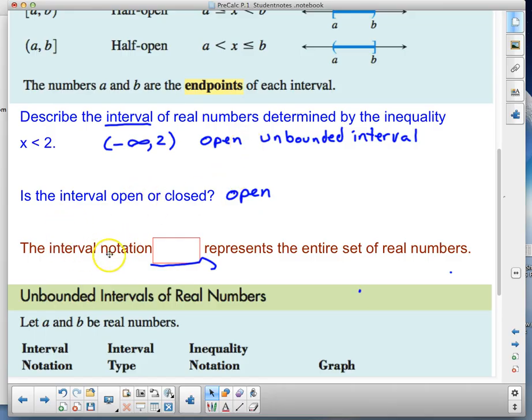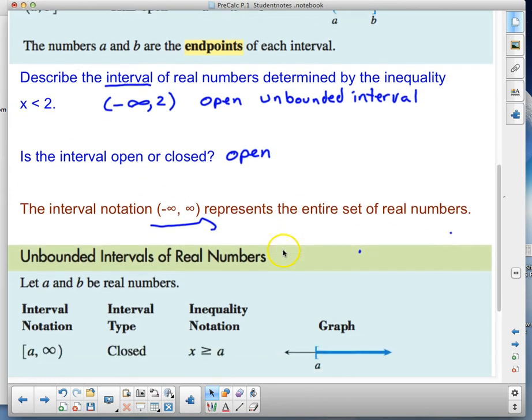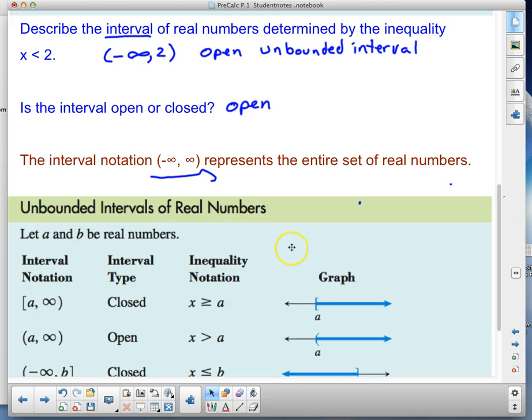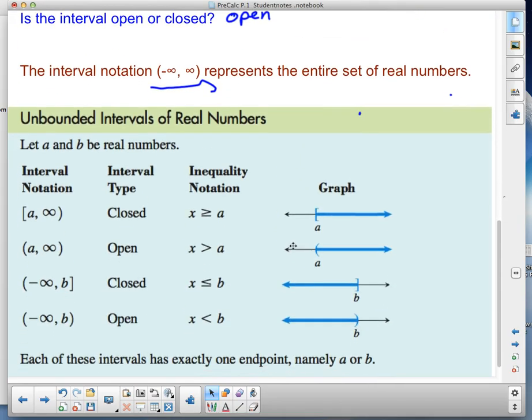Now when we're talking about interval notation, negative infinity to infinity represents the entire set of real numbers. So if it's going to be all the real numbers, you can go negative infinity to infinity, and this is an open unbounded interval. Now when we're talking about unbounded intervals, we no longer have half open or half closed. It's going to either be closed or open.